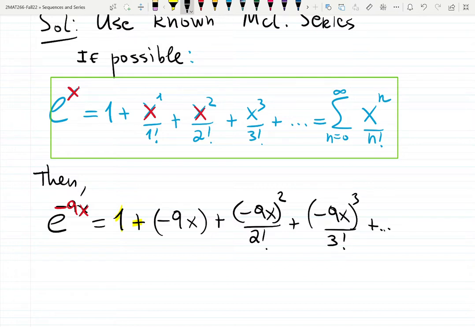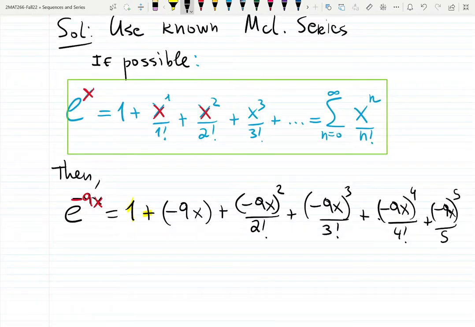Let's see how many they want. They want us to go to x to the 5. Okay, fine. x to the 5 for some reason. That's kind of annoying. Minus 9x to the 4 over 4 factorial plus minus 9x to the 5 over 5 factorial, and let's keep going forever.